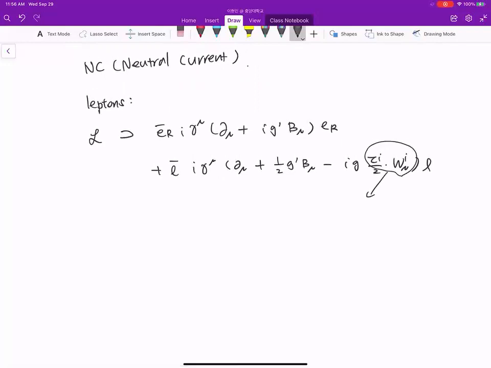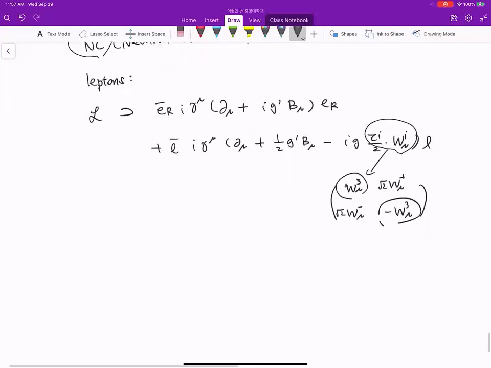If you remember, W3, W3, and W1 minus i W2, with square root 2, and minus W3. Okay, this one. And for the neutral current, we keep only the diagonal component.